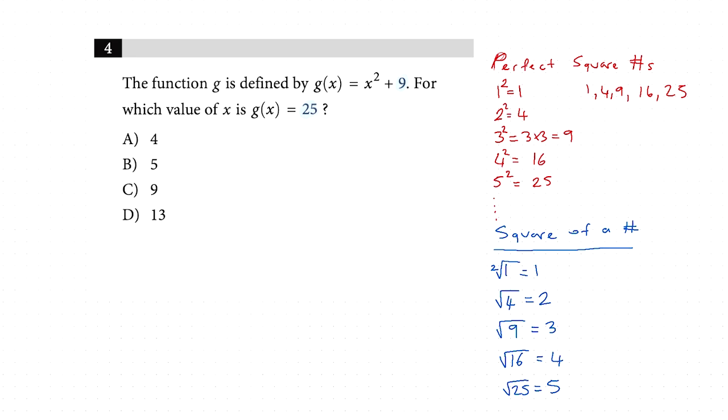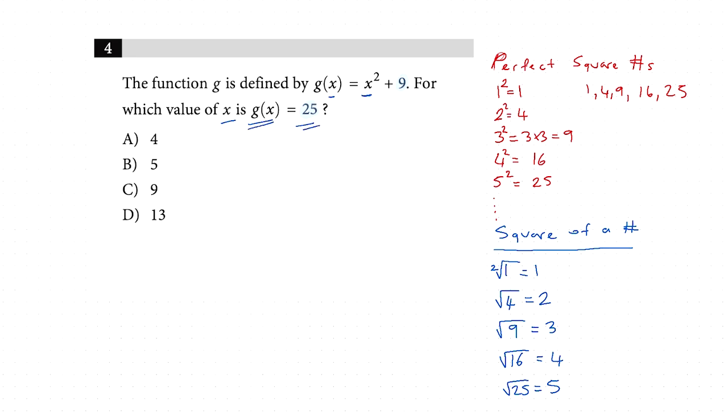It says g of x is x squared plus 9. For which value of x is g of x equal to 25? Guys, it is a function. This x in g of x and this x in x squared are exactly the same x. So it's asking what is the value of x if g of x is equal to 25.